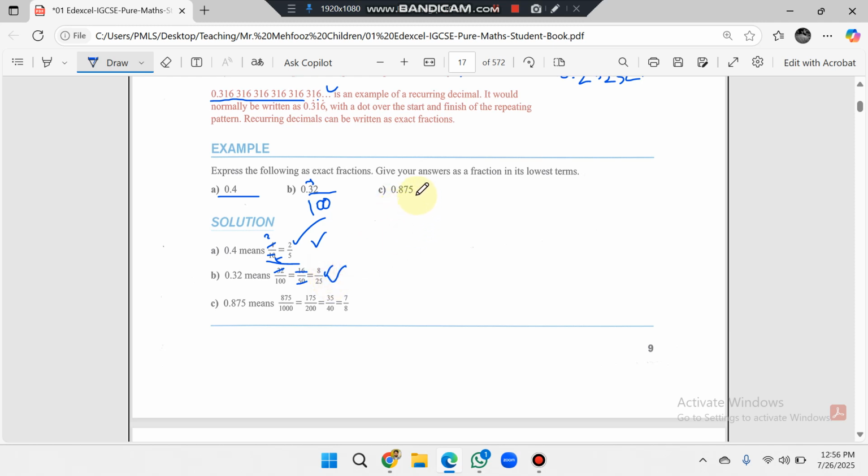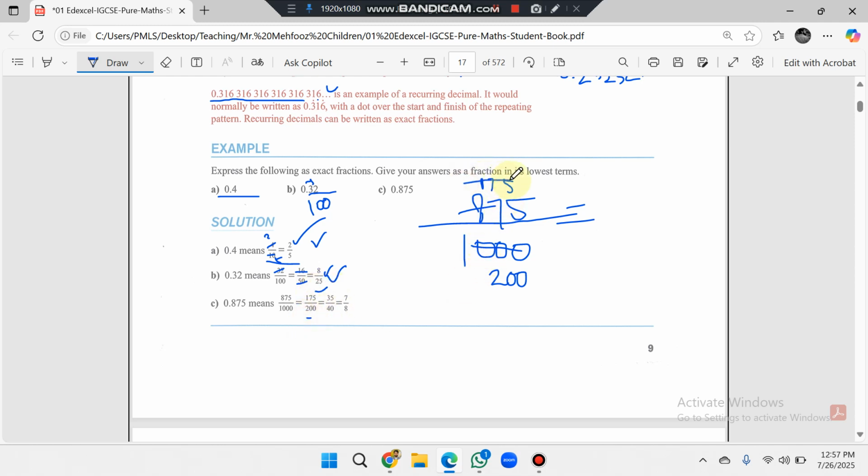Next one is 0.875. So 0.875 can be written as 875 over, in the place of the decimal we write 1, and how many digits after the decimal? There are 3 digits, so we write 3 zeros on the right side. When we divide it by 5, it becomes 175 over 200.